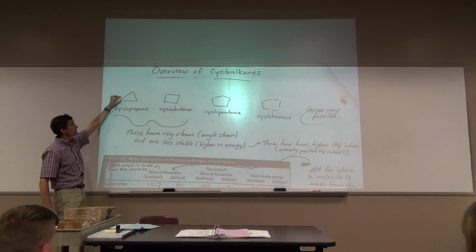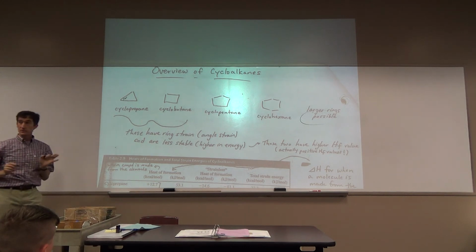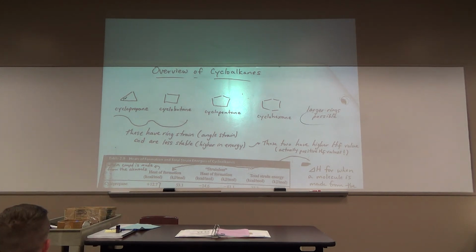Now, it is pretty strained. From 9th grade geometry, we learned that this is like 60 degrees. So that carbon is sp3. It wants to be 109.5. So instead of 109.5, it's 60. And that's called ring strain. It causes the ring to have sort of a little high energy.